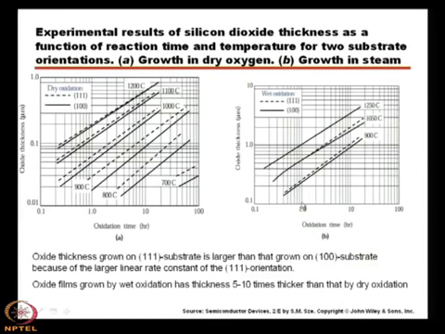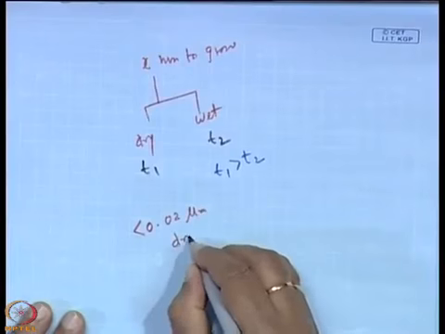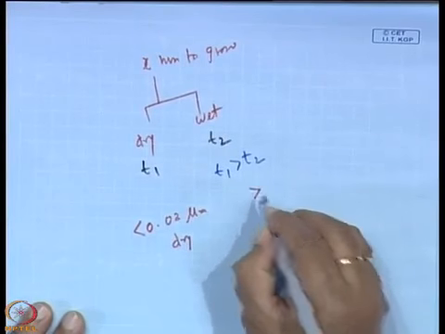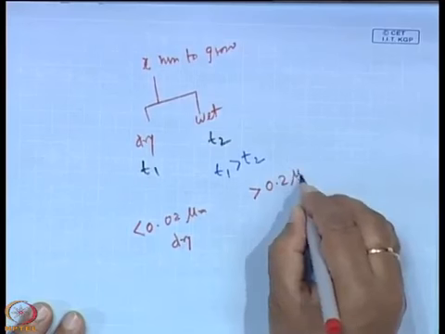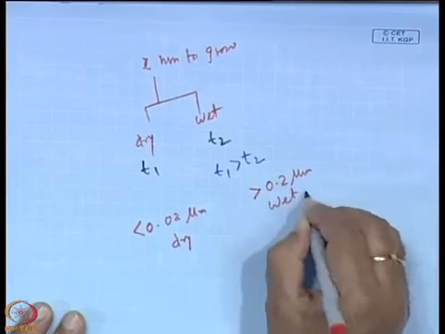Here for 1 hour it is greater than 0.2 micron. This is 0.1, so it is 0.2 and even greater than 0.2 micron. So, it is less than 0.02 micron in case of dry oxidation, whereas it is greater than 0.2 micron for wet oxidation.